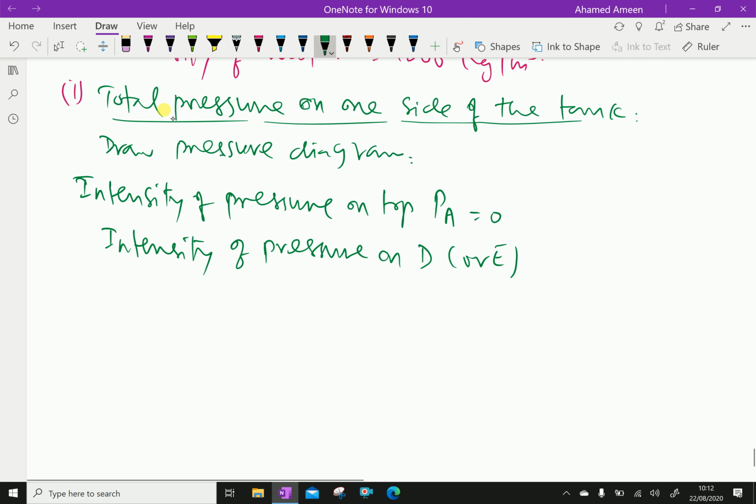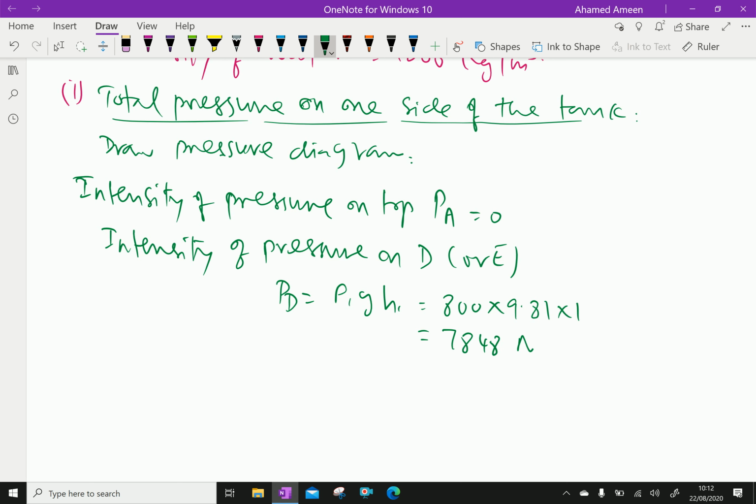Here we put PD equals rho 1 g h1, where rho 1 is 800 because the liquid density is 800, times 9.81, times h1, which is 1 meter. This gives 7848 Newton per meter square.